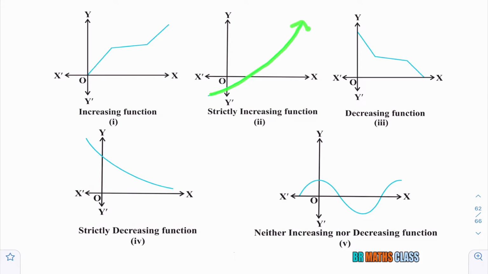We want all marks to be like this, strictly increasing. From the first test, in case you got some marks like this in the first test, second test like this, third test like this, fourth test like this, final test like this. Strictly increasing function. So, what is a strictly increasing function? As x values are increasing, functional values are also increasing, then we say that the function is a strictly increasing function.